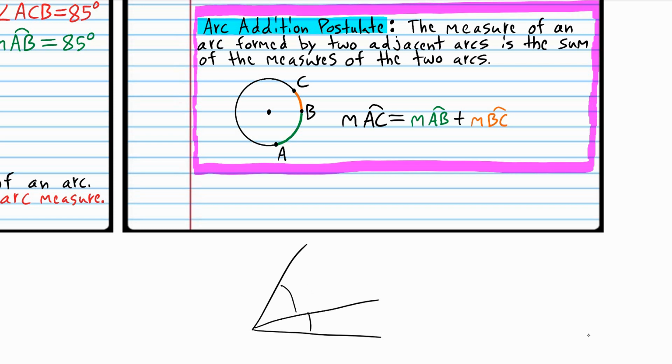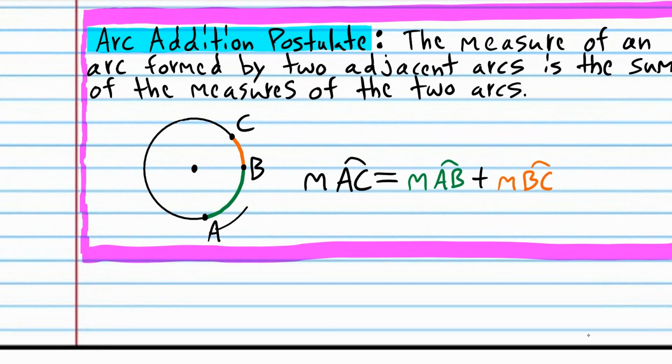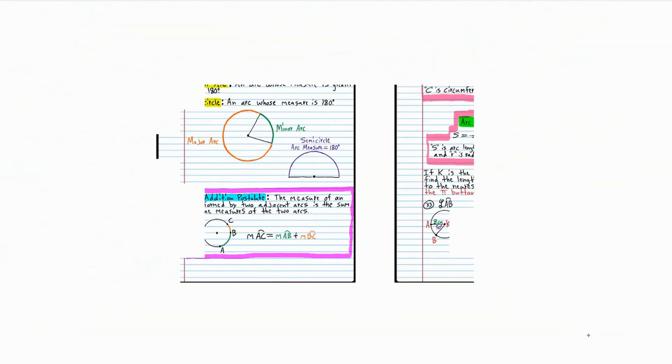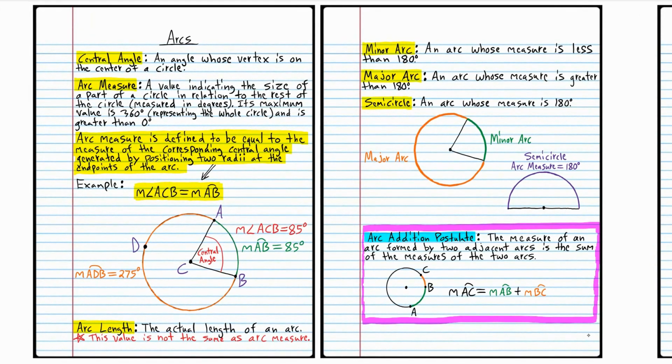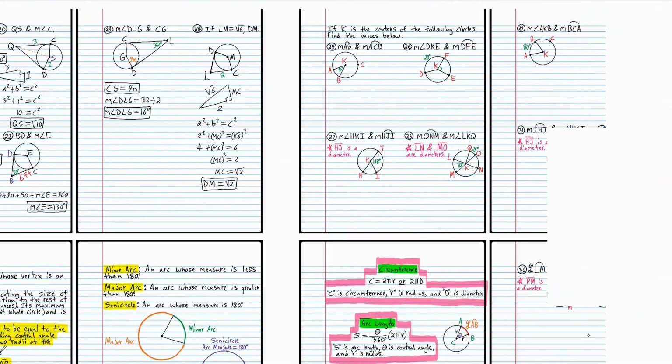And now we learn the arc addition postulate. That just means that arc AB plus arc BC is equal to arc AC. It's pretty simple. So again, if you didn't get screenshots of those, go ahead and get screenshots. And now we're going to do some practice problems.